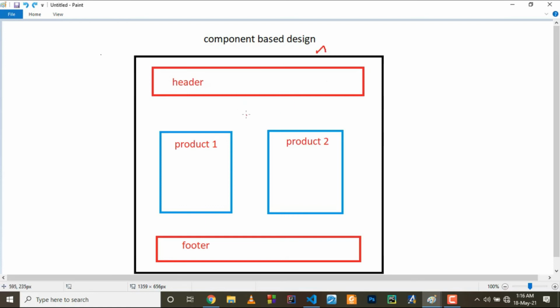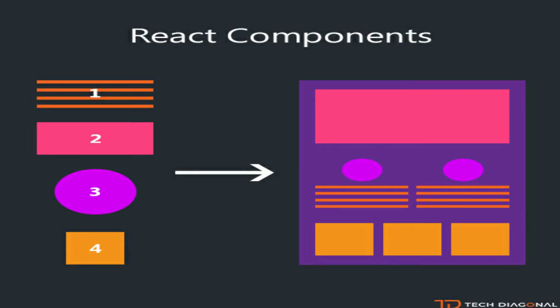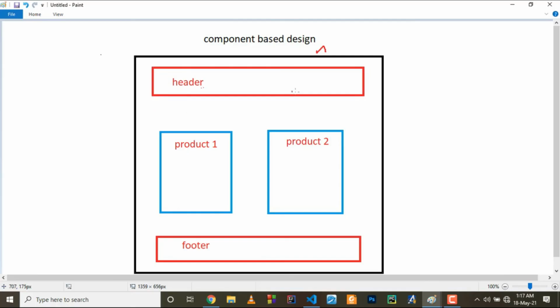You will find that on the Amazon website you have the header, and then you have products, you have other products, and you have the footer. Everything in React is component based. We are saying the header is its own separate component, a product is its own separate component, and a footer is its own separate component, and then they are placed together.